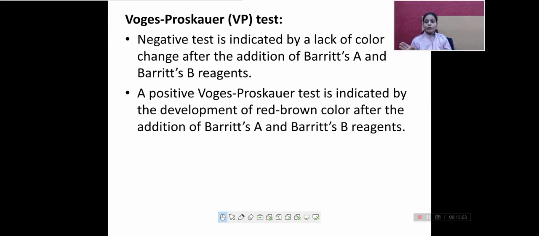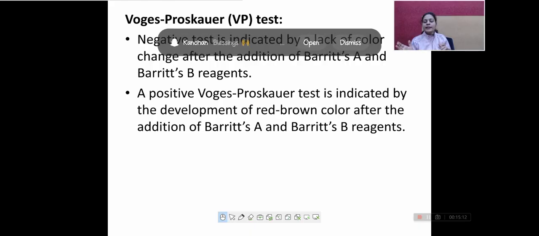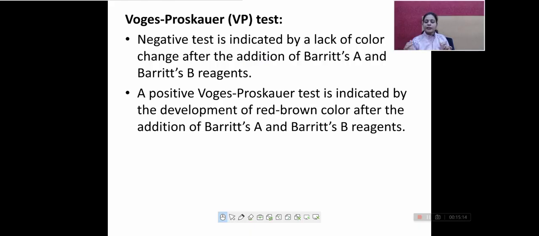So red color will be produced. Similarly, in the methyl red test, when glucose phosphate is present in the culture and we add the methyl red reagent, that will also produce the red color. Clear? That will also produce the red color.